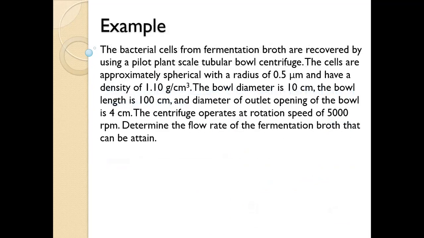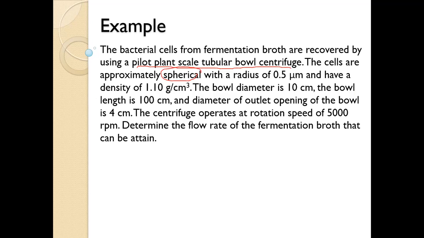I think we have this example to show you how to scale up, or how to calculate the flow rate for the bigger one. Bacteria cells from fermentation growth are recovered using a pilot plant scale tubular bowl centrifuge. The cell is approximately spherical.